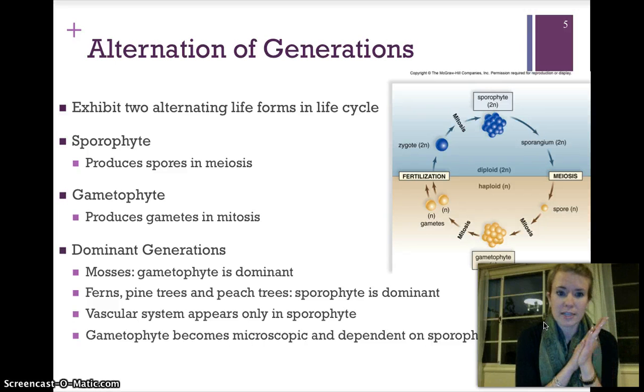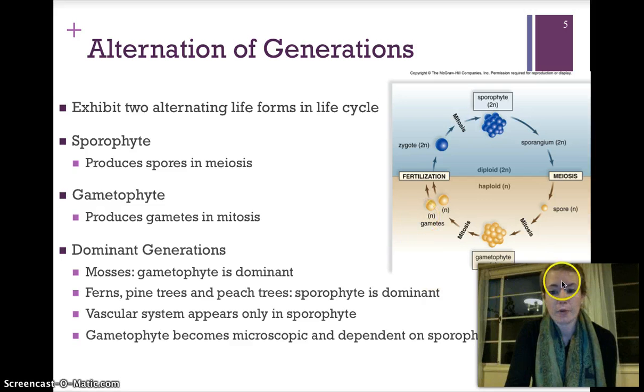So there's two life forms, like I said. There's the sporophyte generation, which is right here. That is the diploid generation. And then there's the gametophyte generation, which is the haploid generation. That's relatively easy to remember because gametes are haploid and the gametophyte is haploid.